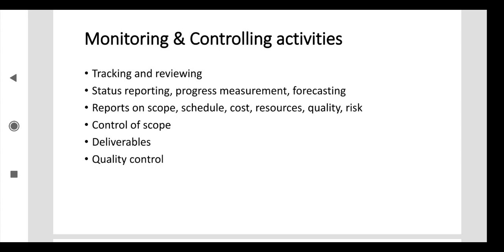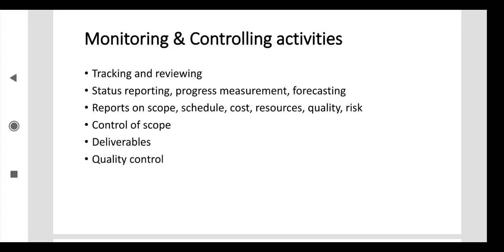Then forecasting for the project. Next we have to create reports for the scope and scheduling, cost, utilization of the resources, quality, and internal and external risk in the project. So those are the reports related to the monitoring and controlling activities.